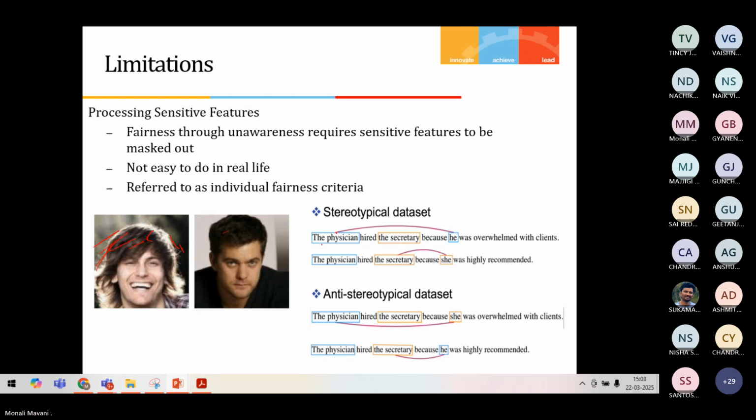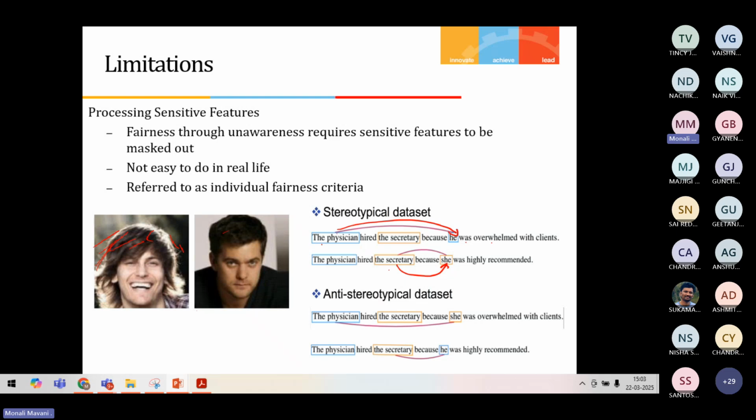By default, because the data we have collected may be from physicians who are male, the model learns the relationship between physician and the gender he, because he was overwhelmed with clients. In the second statement, hired the secretary, the gender is recognized as she. This is some kind of sentence generator model. So stereotypically, secretary means female and physician means male.